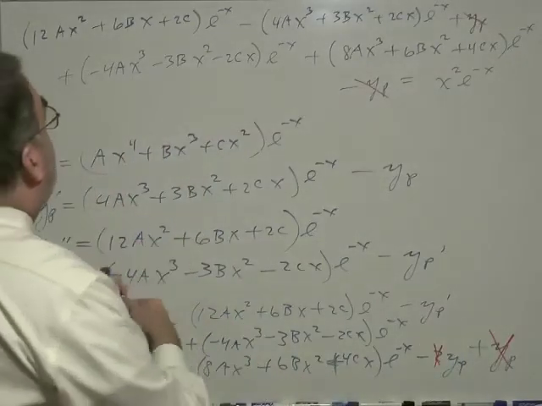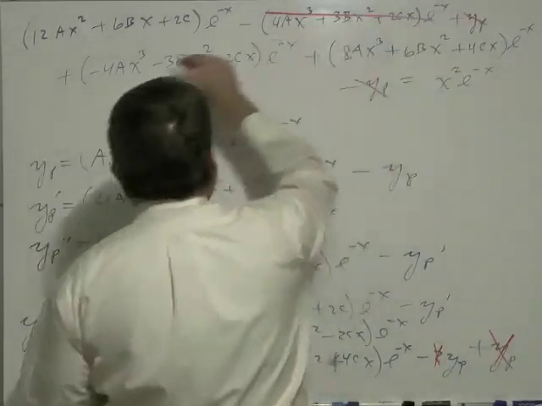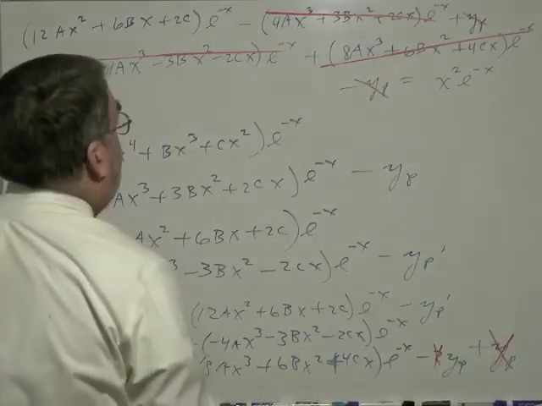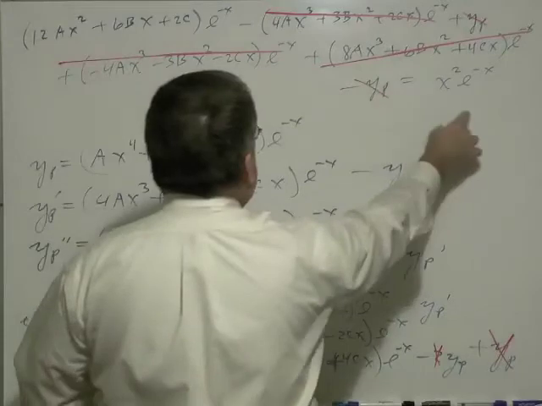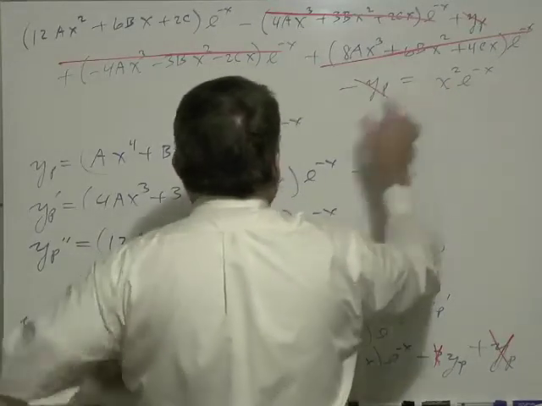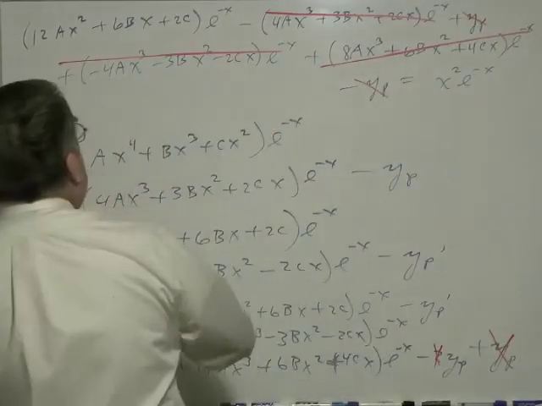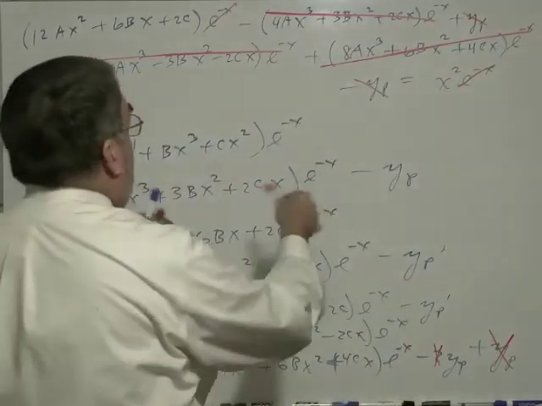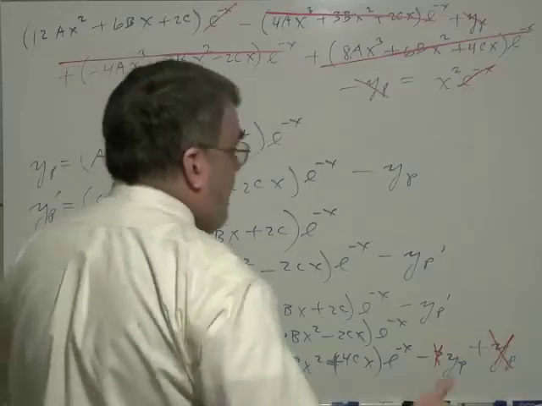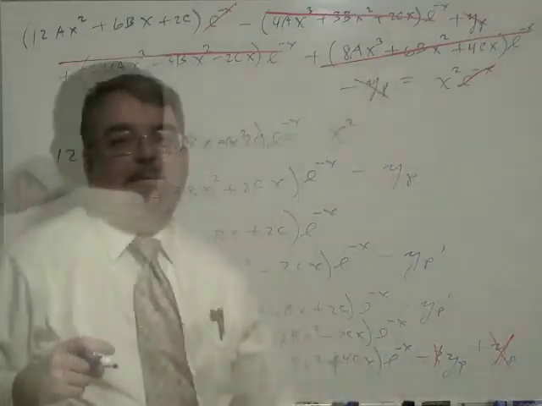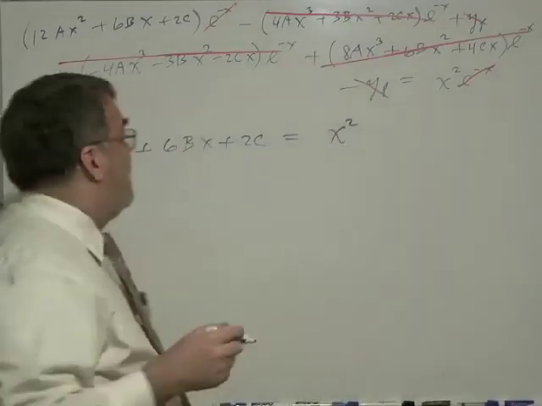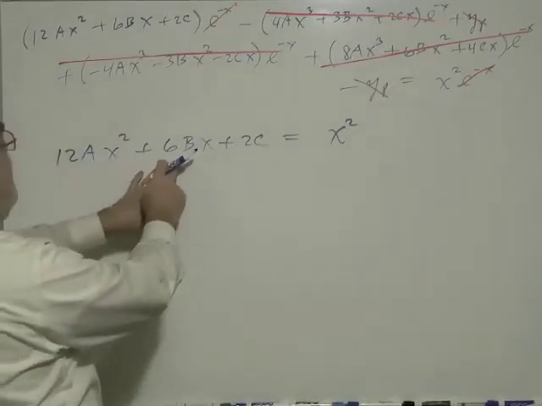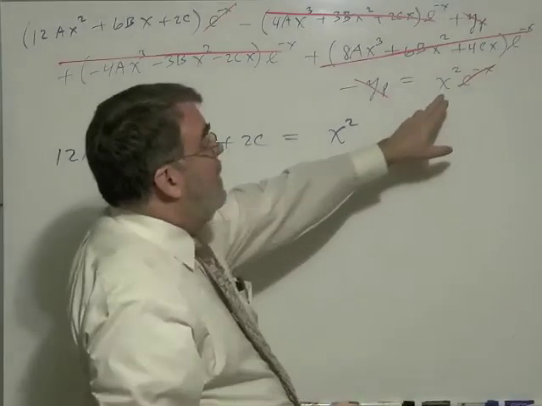So, wonderfully, these two cancel that one. And so now we're down to this expression equal to x squared e to the minus x. And I can divide off the e to the minus x. So let me do some erasing and I'll clean it up here. So when all the dust settles, we have this parentheses, 12a x squared plus 6bx plus 2c, equals x squared.